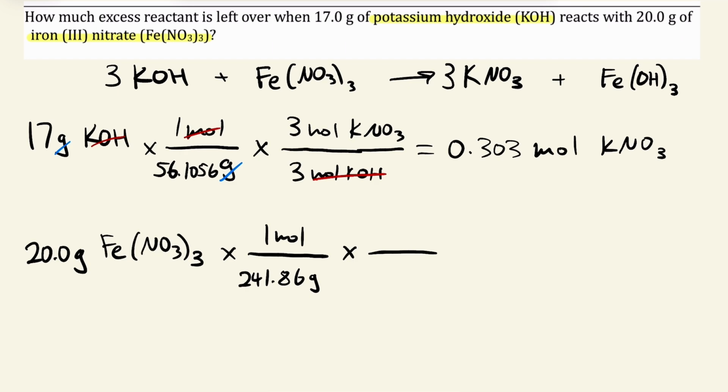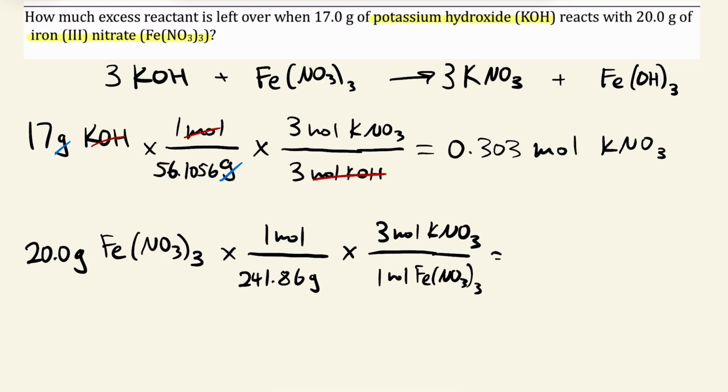And then we want to convert this into moles of KNO3. So again, we'll use the molar coefficients that we see by our balanced equation. So in this case, for every 1 mole of Fe(NO3)3, we have 3 moles of KNO3.